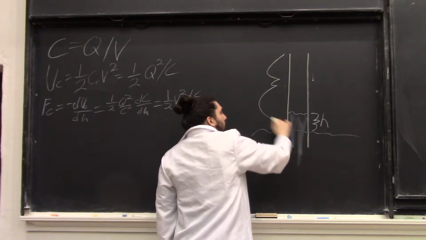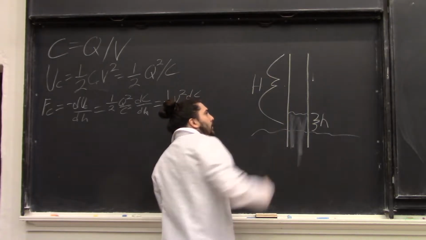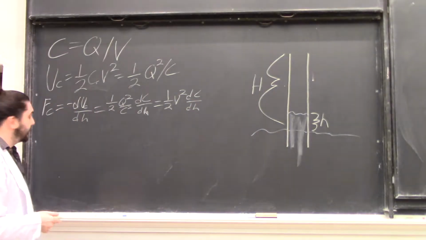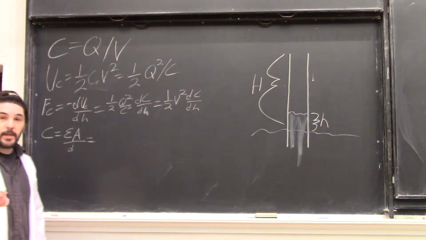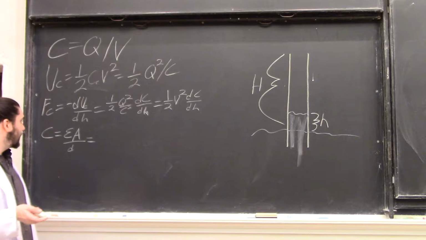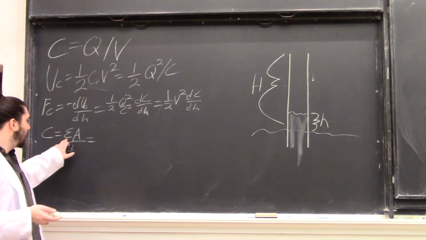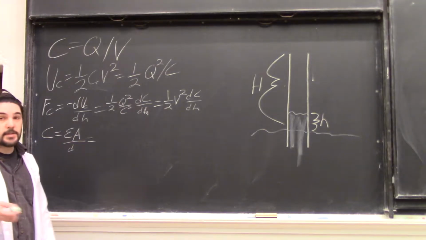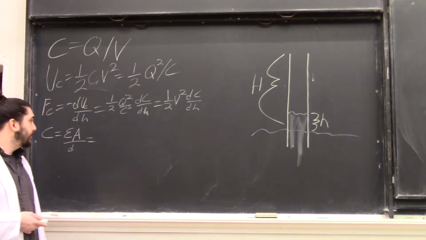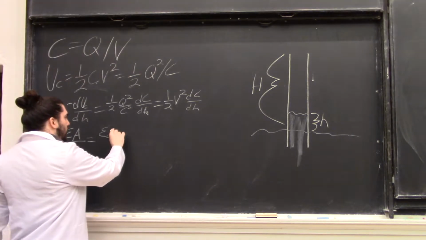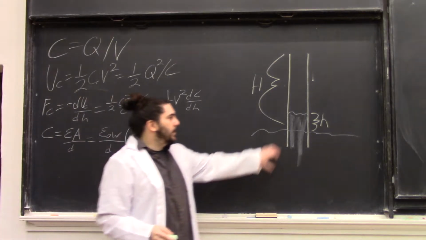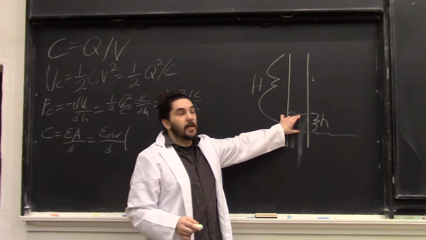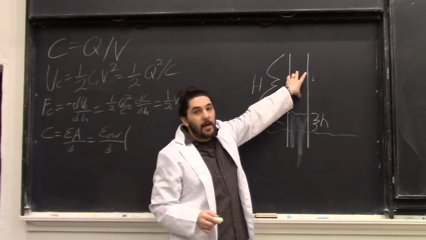And to do that, we'll also have to define a larger height. So for a parallel plate capacitor, the capacitance is just epsilon times the area over the distance between the plates. So we'll say the plates are some W wide, and then we'll have the capacitance of the area with the dielectric plus the capacitance of the area without.